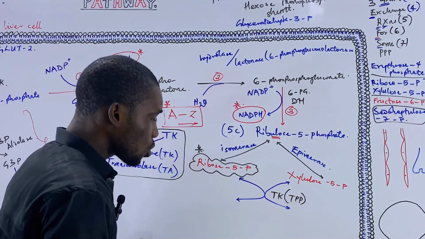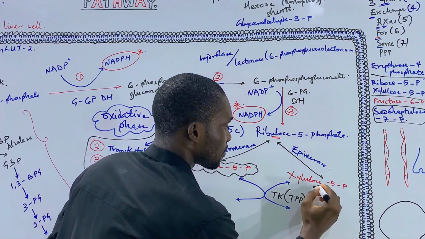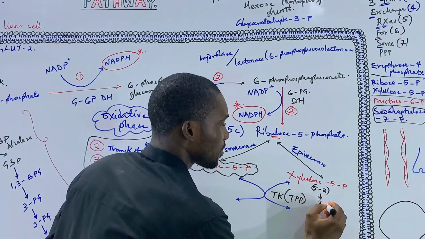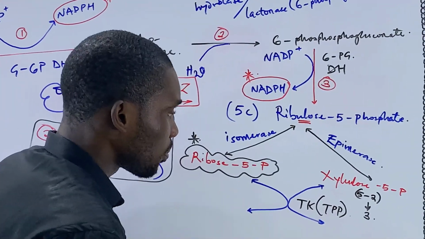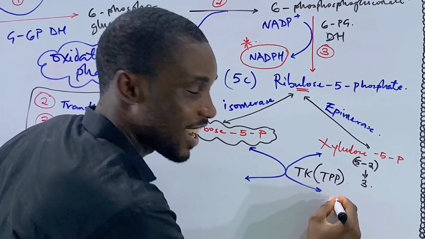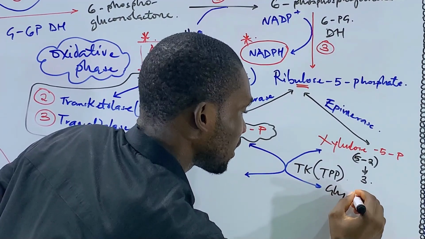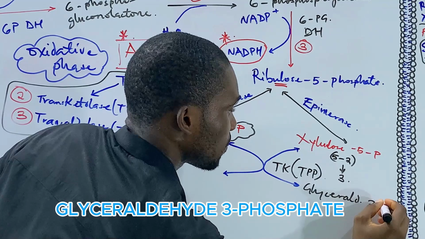If you remove 2 carbon atoms from 5, what would you have? We have 3, right? So the xylulose would now form a 3 carbon compound after transferring. That would be what? Glyceraldehyde. So that's your glyceraldehyde 3 phosphate, okay?